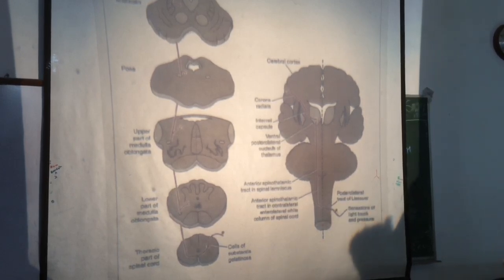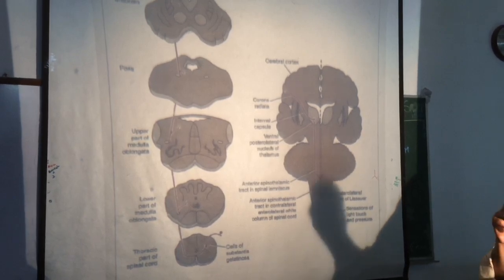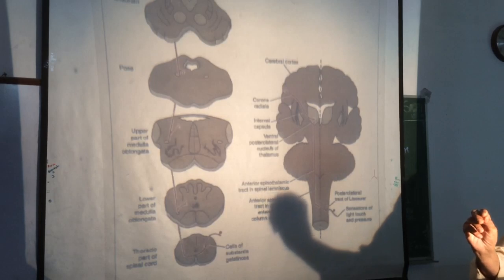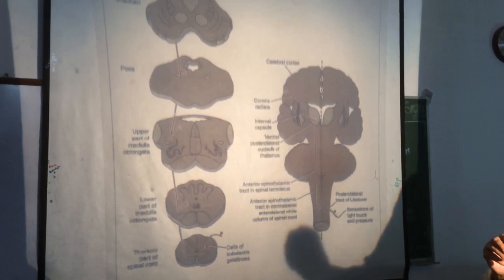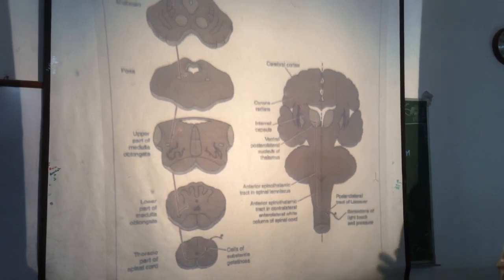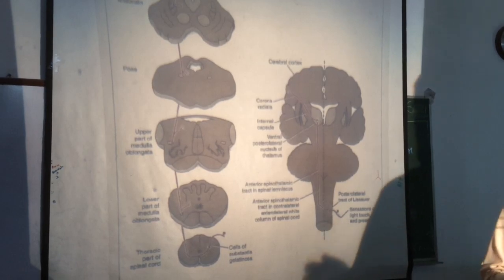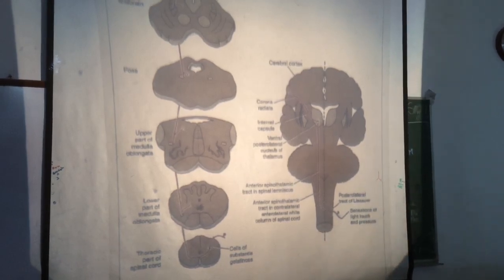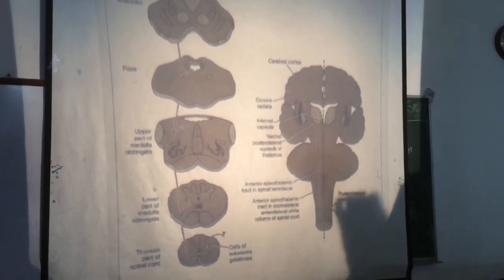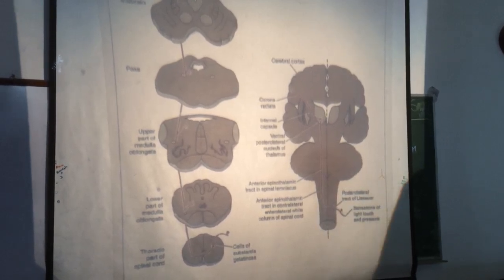Now at this stage, I will discuss the pathway of fast pain impulses and then the pathway of slow pain impulses. So first, the pathway of fast pain impulses.